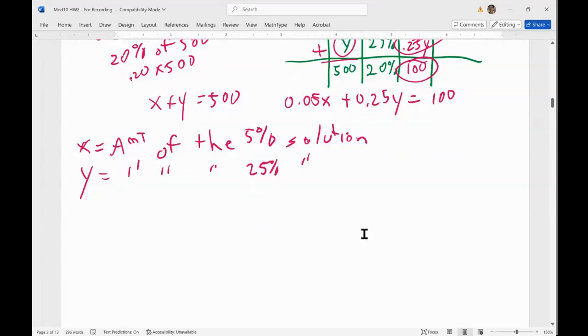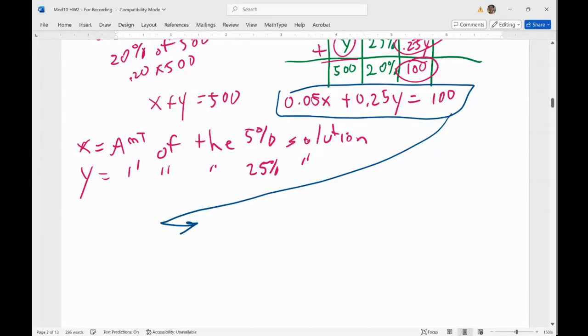Now I'm going to do an optional step, but some people like it a lot or prefer this to doing it the other way. I'm going to take this equation and multiply both sides of it by 100. I'll tell you in a second why we're doing that. Let me copy it down first.